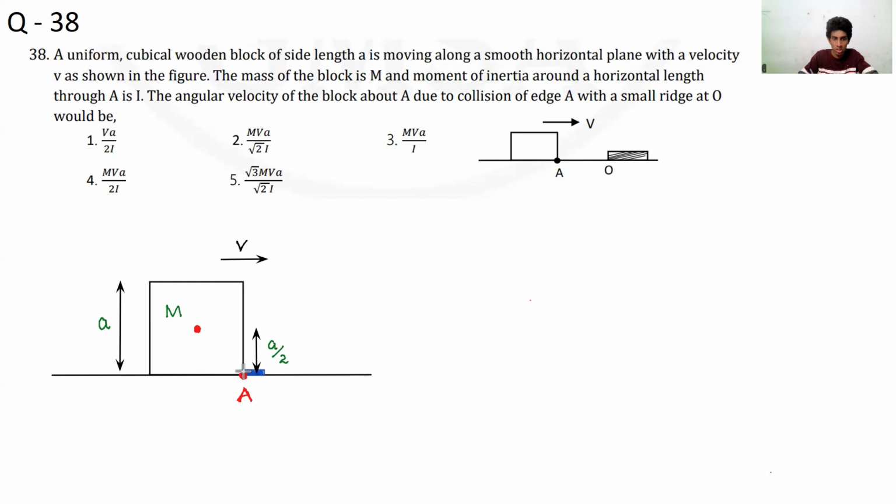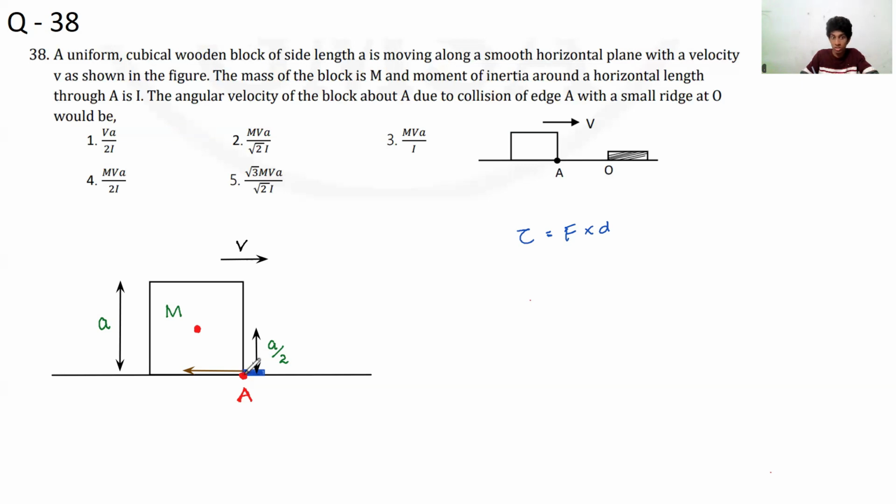During the collision, a force will act on the wooden block through A from the small ridge. But as the torque is equal to the force times the distance, when we consider the torque about point A, as the distance to this force from point A is 0, there will be no torque acting on the wooden block about point A during the collision.